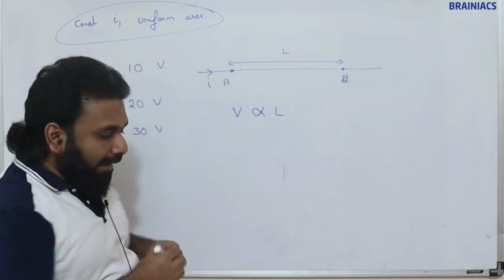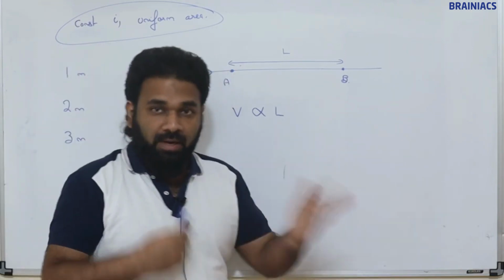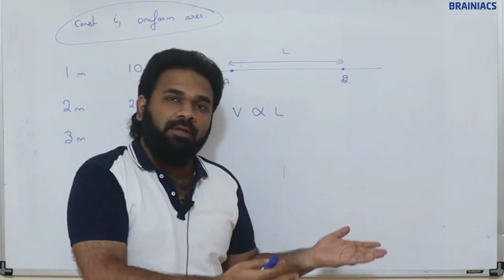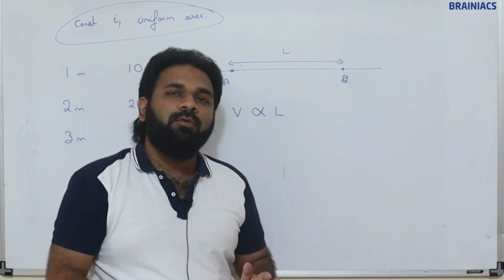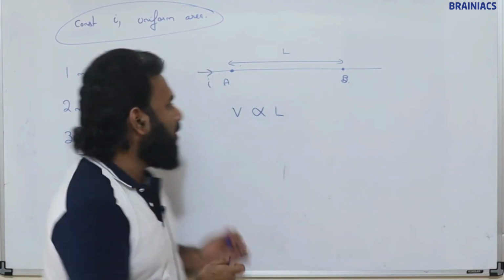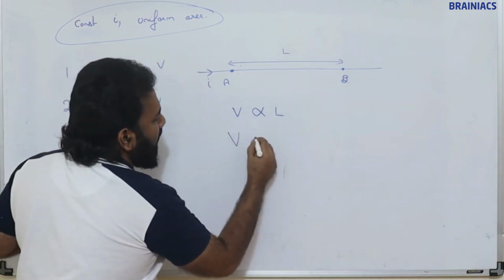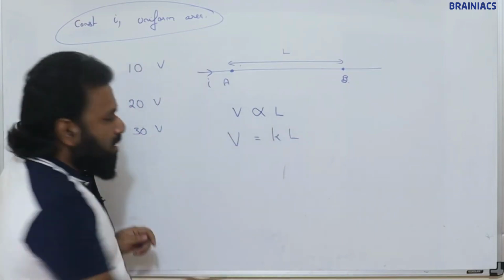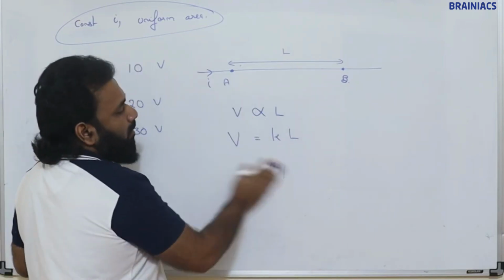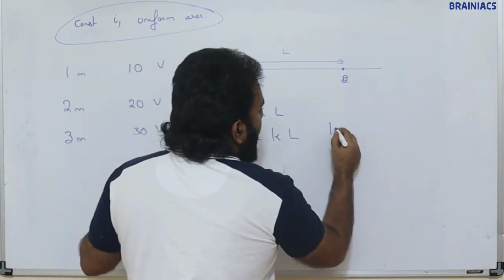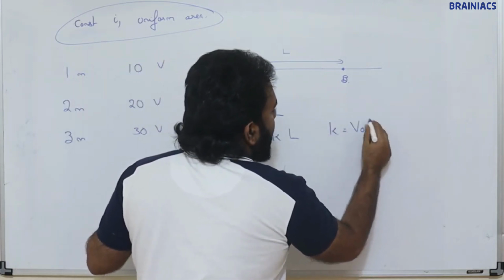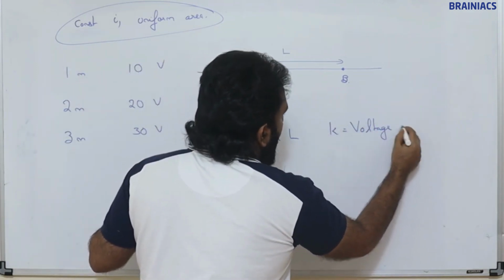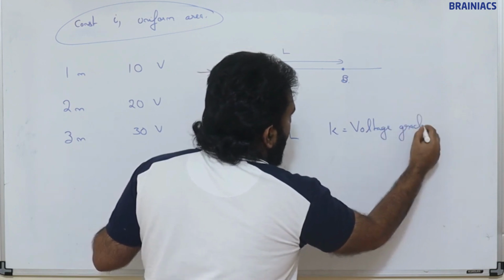Now when we write that something is proportional to another quantity, in order to equate it, we equate it with a constant. V is equal to K into L. This K is called the voltage gradient.